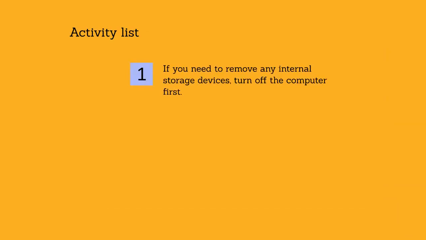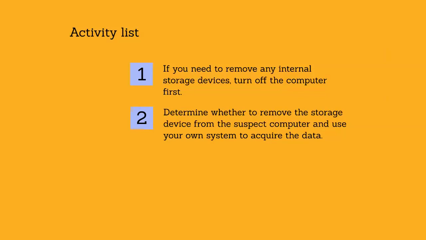If you need to remove any internal storage devices, turn off the computer first. However, before you turn off the computer, you should verify that all volatile data has been captured whenever possible. Determine whether to remove the storage device from the suspect computer and use your own system to acquire the data.